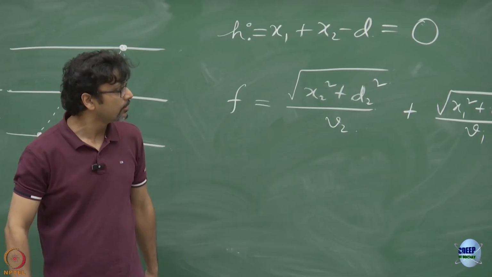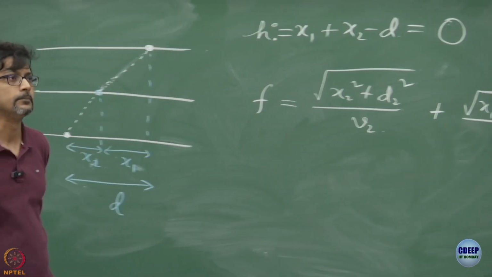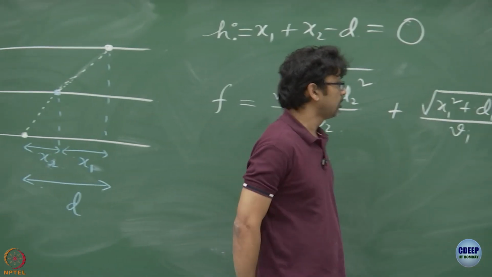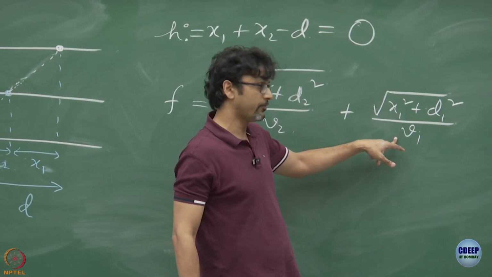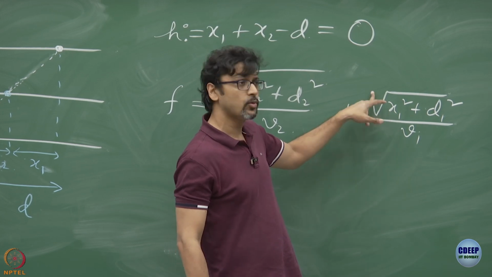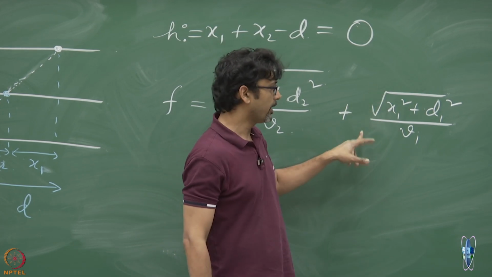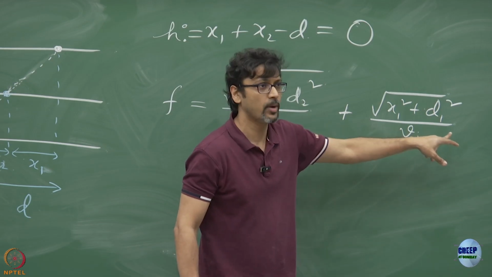What's grad f? Very similar kind of a differentiation as before, right? So this one goes into the denominator when you differentiate with respect to x1. 2x1 gets pulled out, but the 2 and the 1/2 will again cancel each other because you get 1 by 2 root x1 squared plus d1 squared.